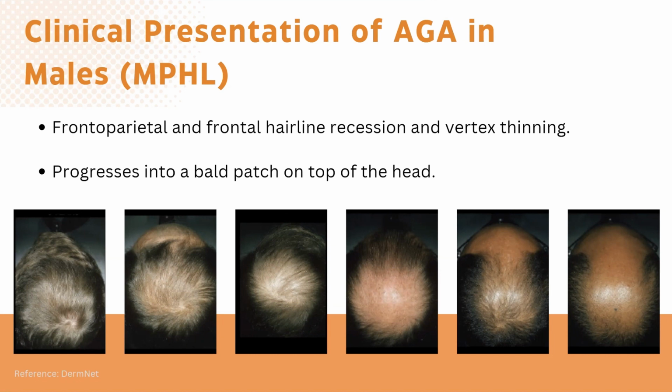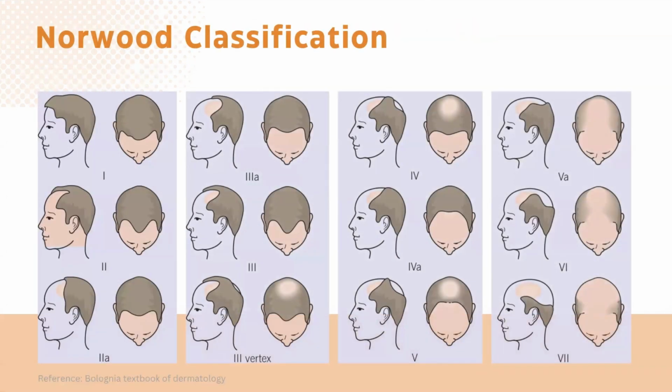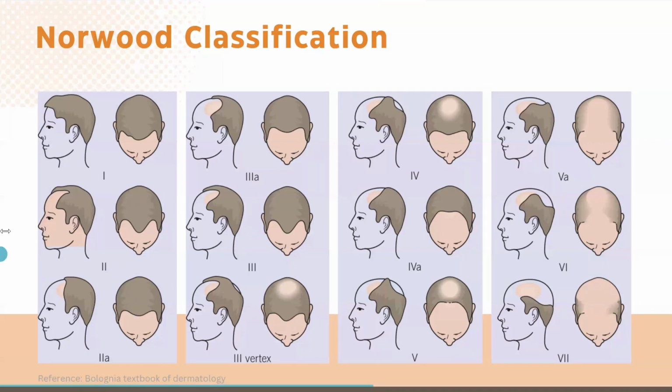Before talking about females, can we have a simplified classification for assessing the severity of male pattern hair loss? Yeah, there are many classifications, but the first and the most common is the Norwood-Hamilton classification. As you can see here, in class 1, 2, and 3, all you can see is the frontal hairline receding.